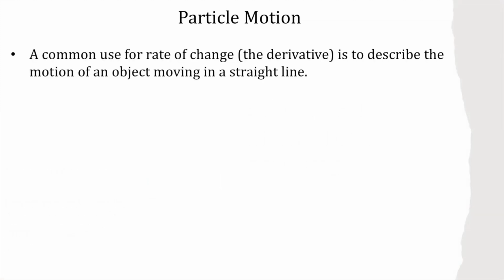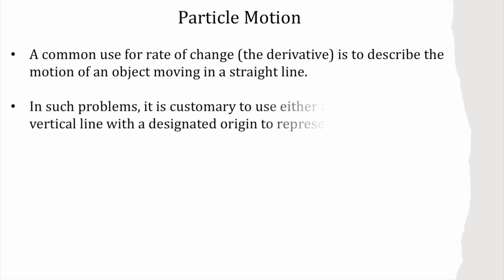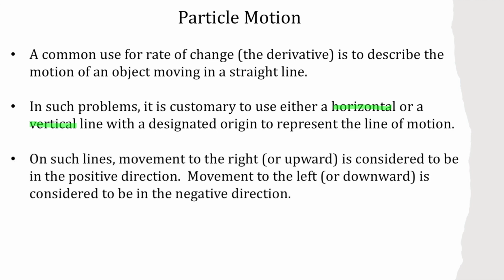Particle motion. A common use for rate of change, or the derivative, is to describe the motion of an object moving in a straight line. In such problems, it's customary to use either a horizontal or a vertical line with a designated origin to represent the line of motion. On such lines, movement to the right or upward is a positive direction.